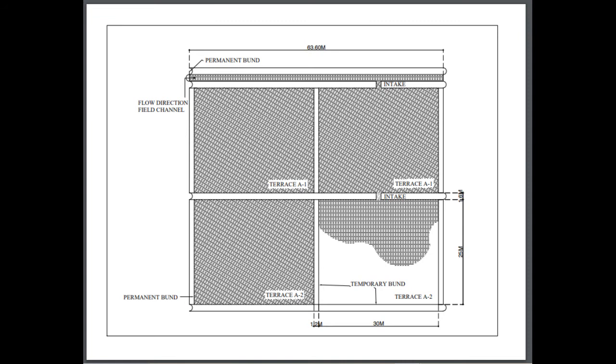Water is applied to the first bay, usually the highest in elevation, which is terrace A1, and then the next, terrace A2. When the desired depth is applied, water is permitted to drain back off that bay and flow to the next bay, which is at a lower elevation than the first.